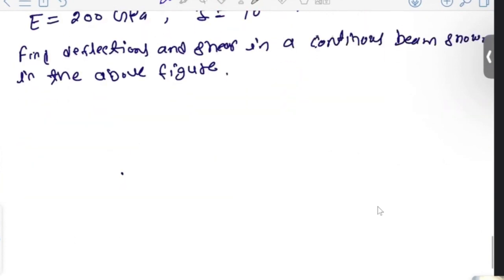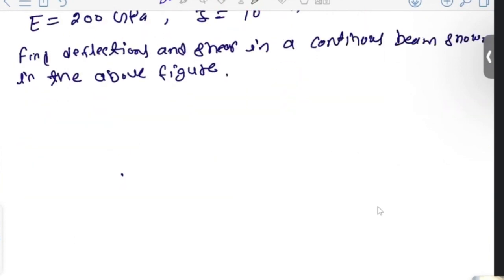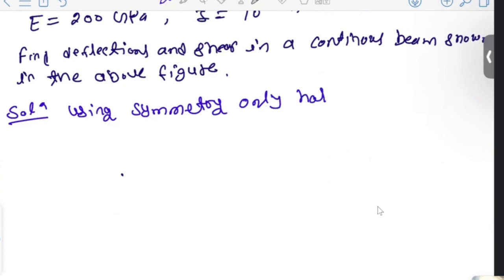Using symmetry, only half of the beam can be modeled. How?